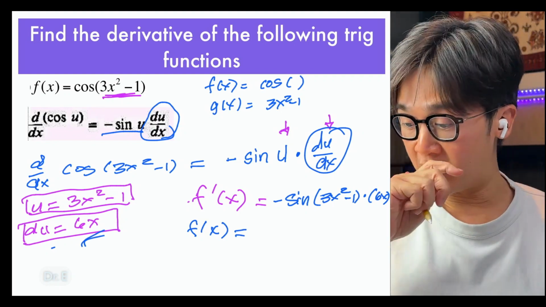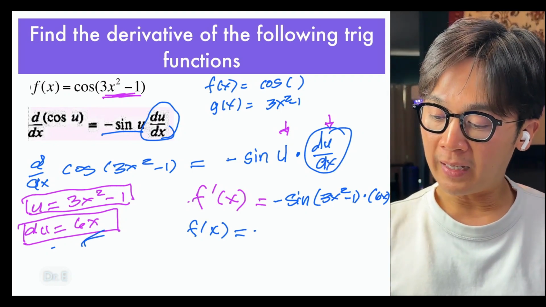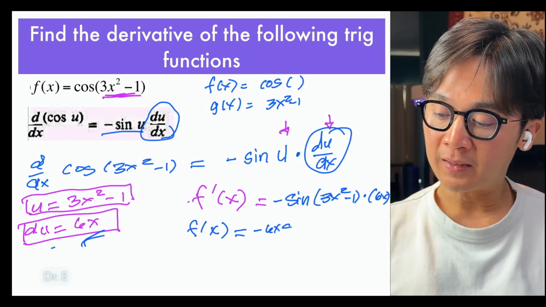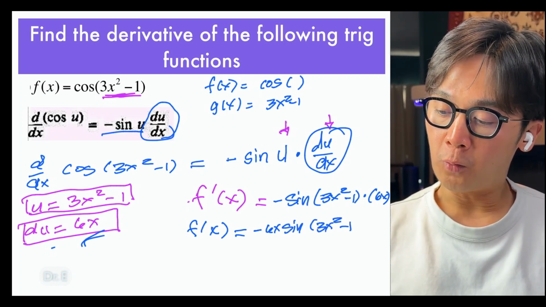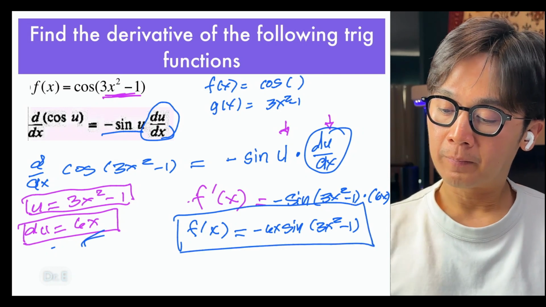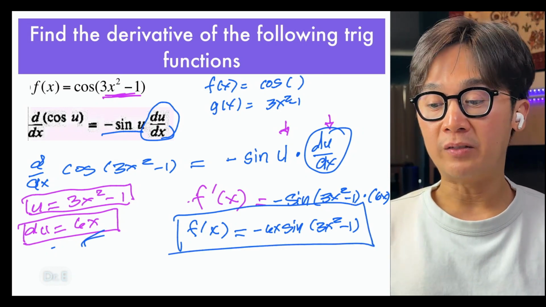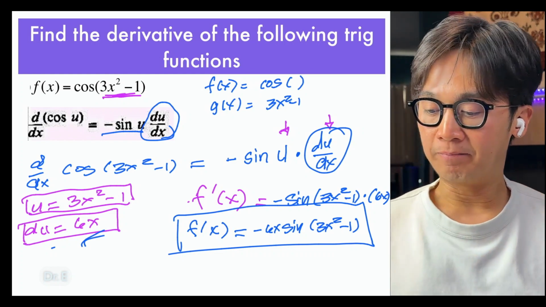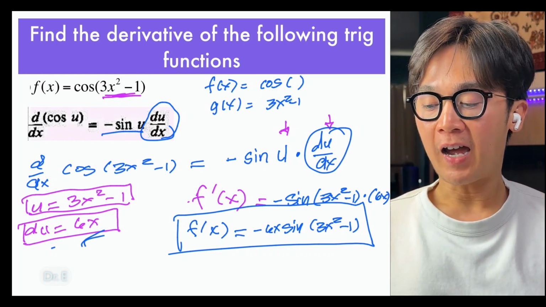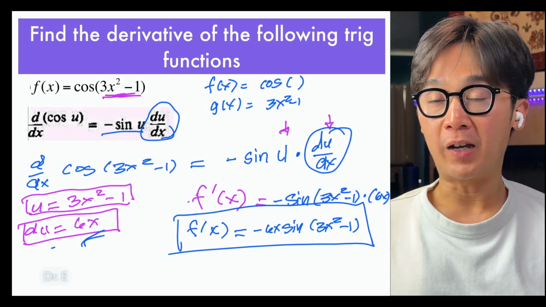If you want to simplify this further, the derivative of f of x is simply negative 6x sine of 3x squared minus 1. And that is our derivative for this function.